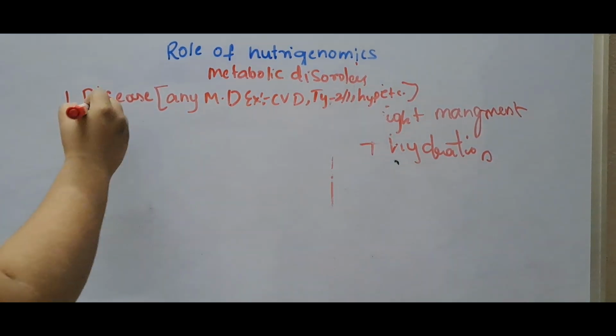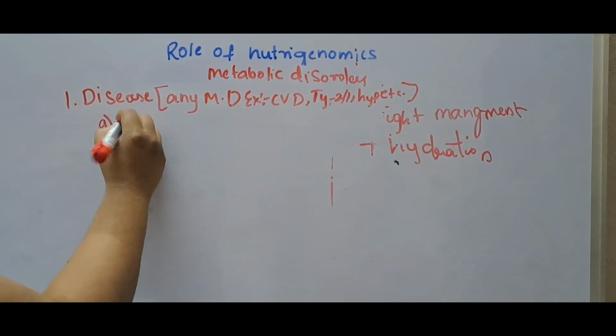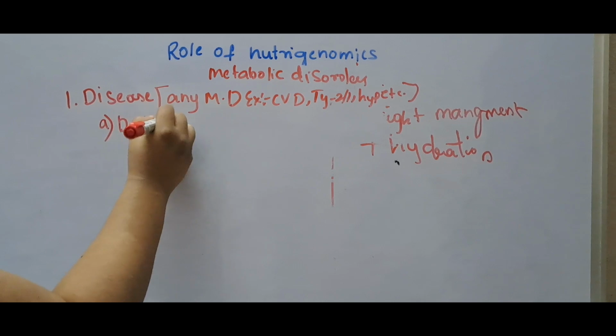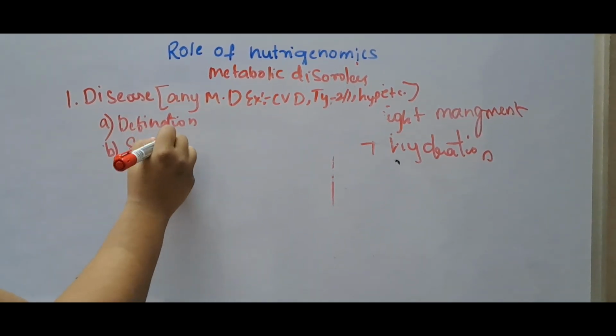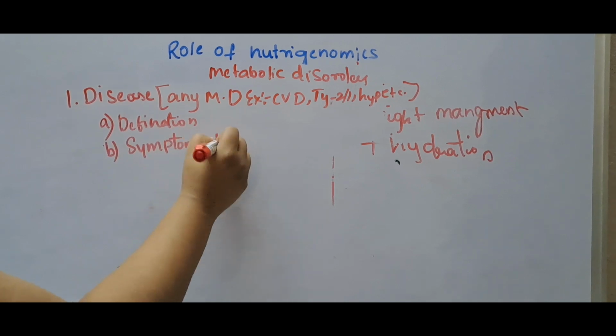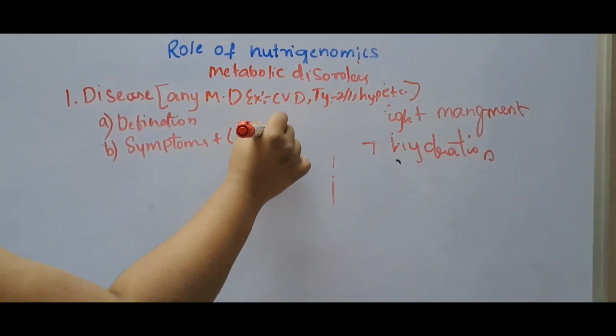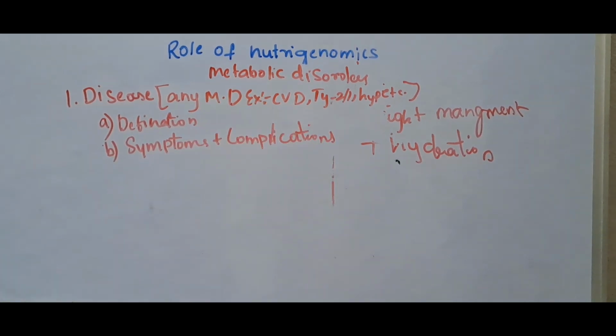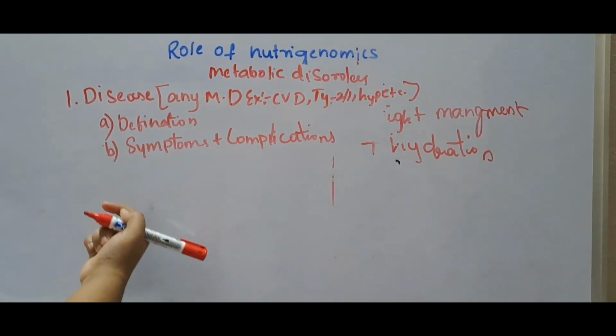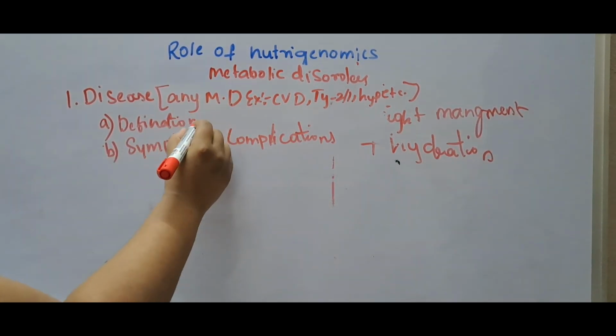Okay, so what you have to write: you have to cover the definition, symptoms, plus complications, basically. And in CVDs we have types, right? So plus types.